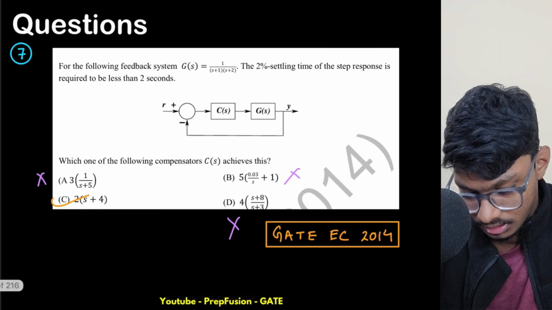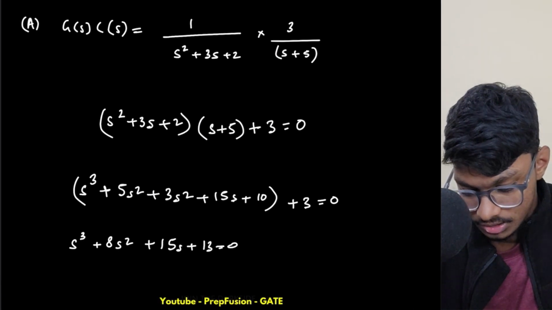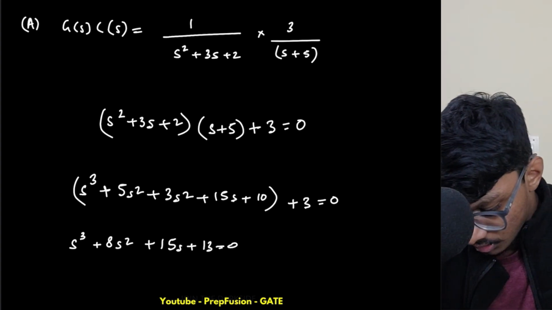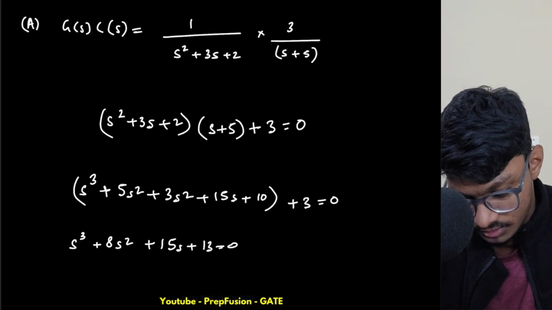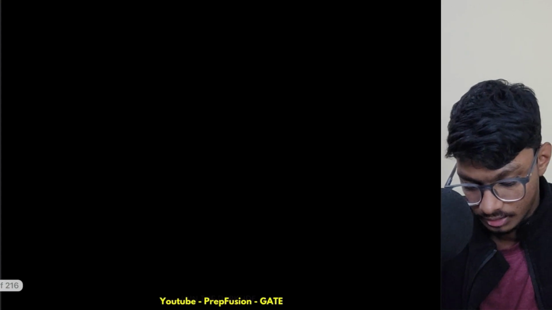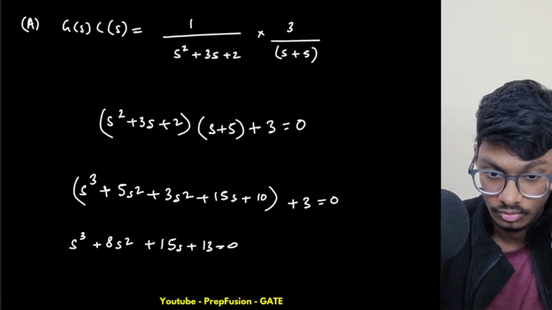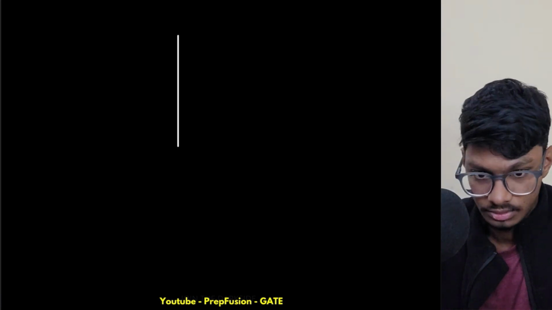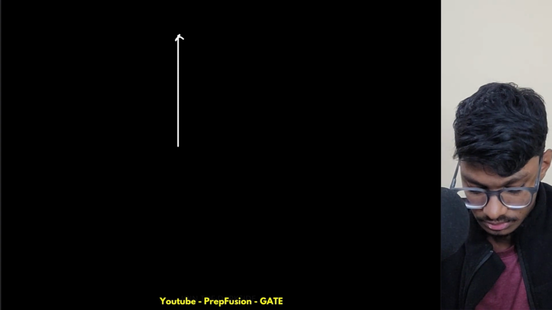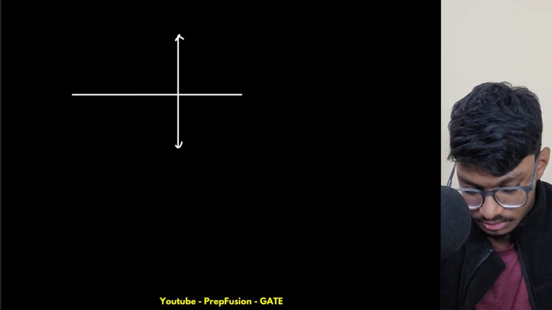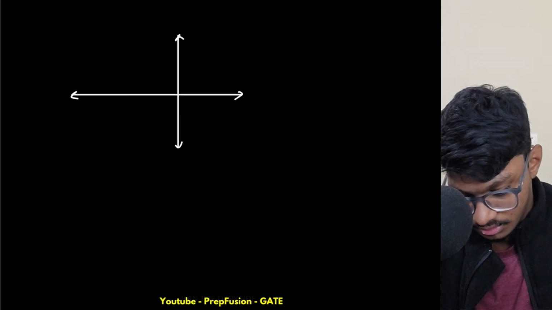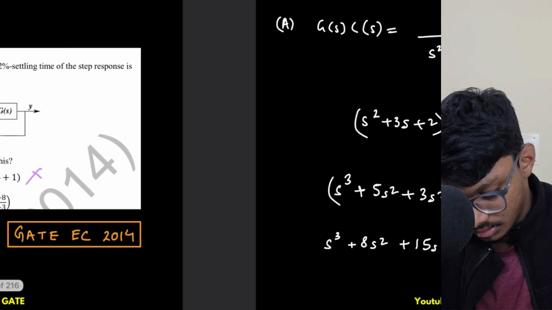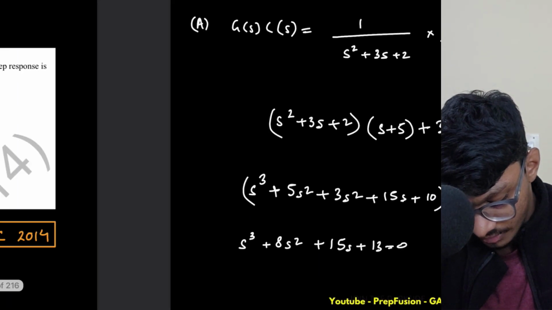So how to solve this? What you can do is plot the root locus for this. Okay, I did one thing wrong, I should have plotted the root locus for this. So if I plot the root locus, we have 1, 2 and 5.